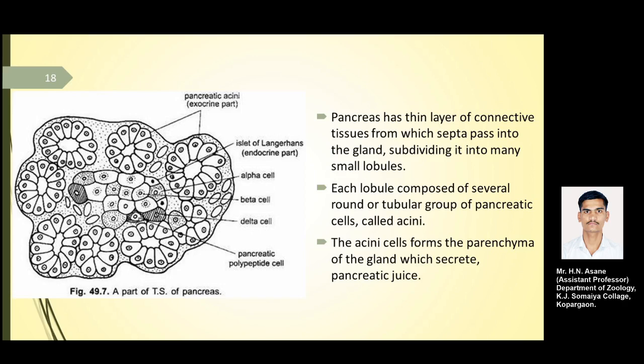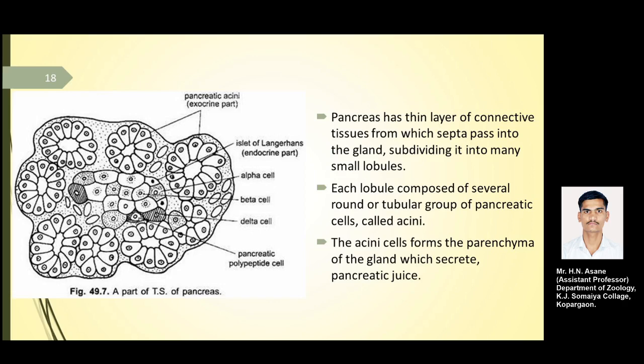Now the hormone secretions of this endocrine part. There are two types of hormones secreted by these islets of Langerhans directly into the blood. The alpha cell secretes glucagon, a hyperglycemic or glycogenolytic hormone.